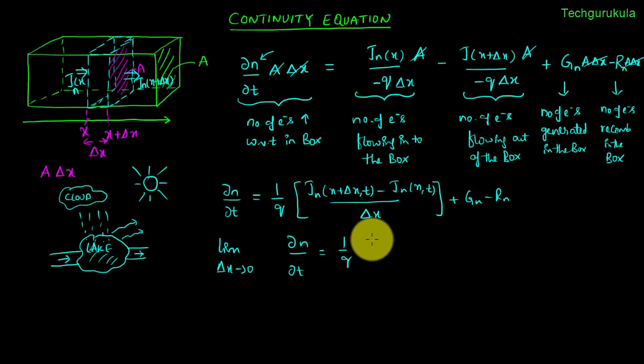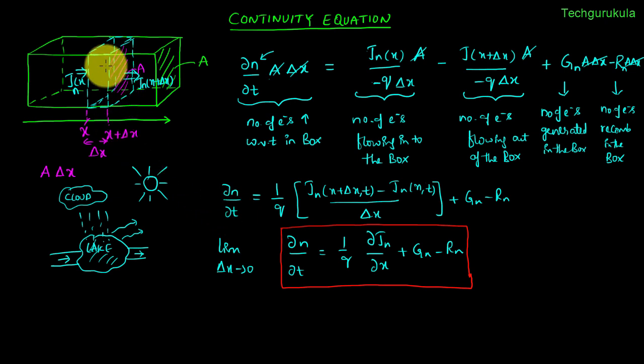So we can write this as del Jn over del x, the spatial variation of current density, plus Gn minus Rn. So this is the continuity equation, which talks about how if the carriers in this box increase, they increase only because there is a difference in inflow and outflow, and there is a difference in generation compared to recombination.